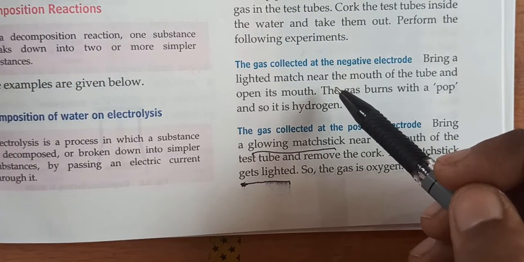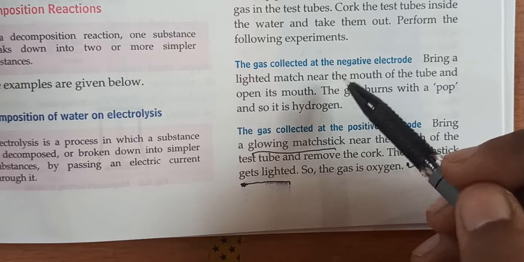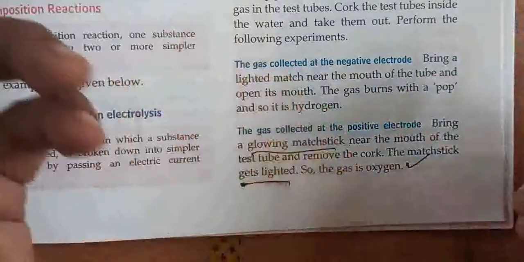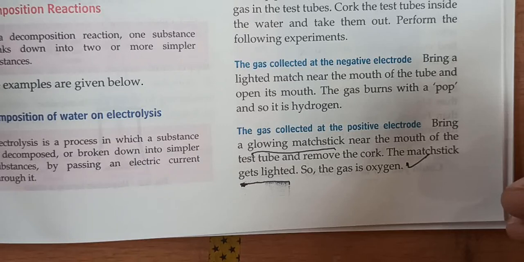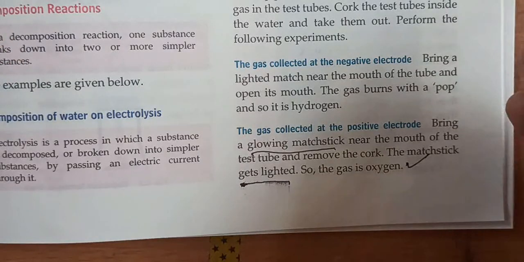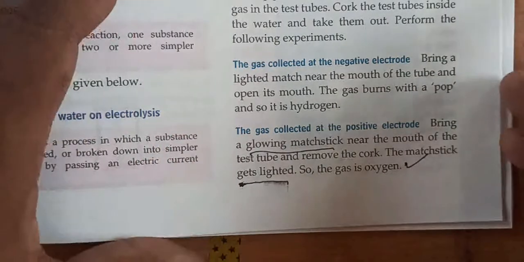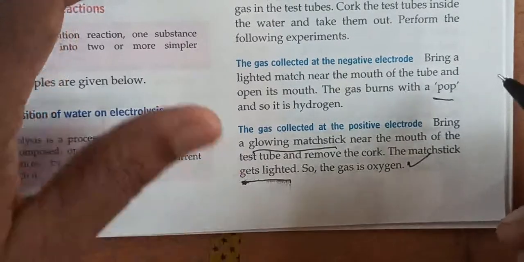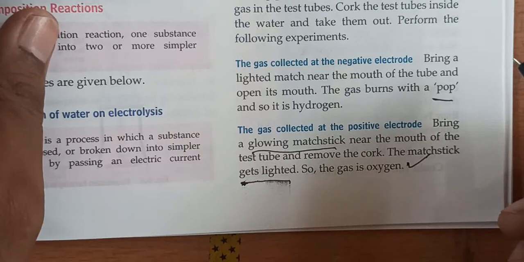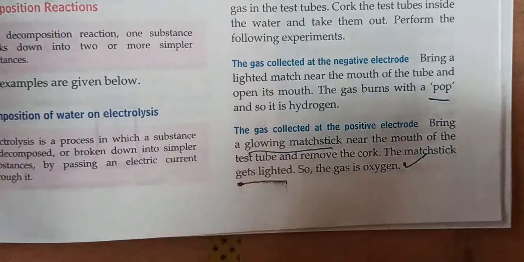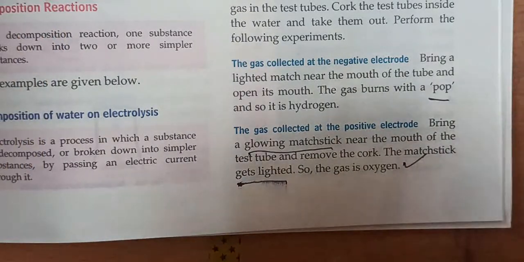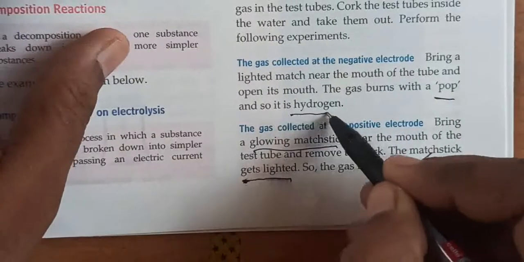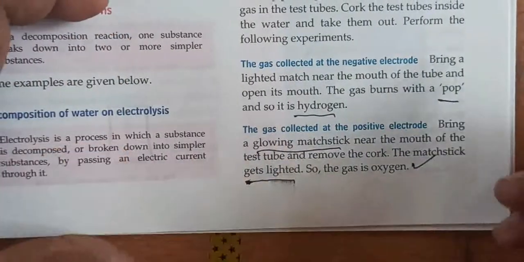We bring it near to the mouth and open the mouth of the test tube. Then we find the gas burns with a pop sound. That gas which burns with a pop sound is hydrogen gas. So this is a test for hydrogen.